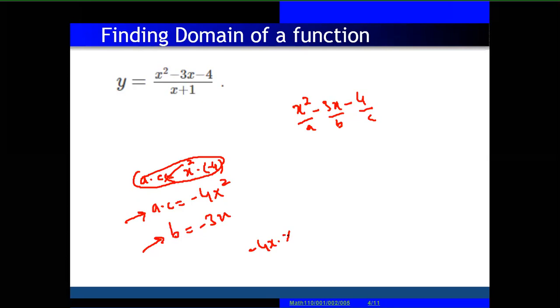If you multiply them, the result is minus 4x square. This condition is satisfied. Second condition, addition equals what? Minus 3x. If you add minus 4x plus x, the result is minus 3x. This is the second condition.